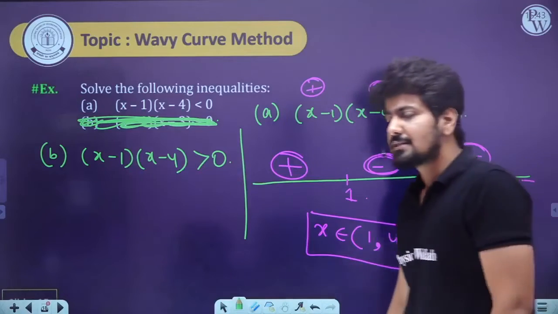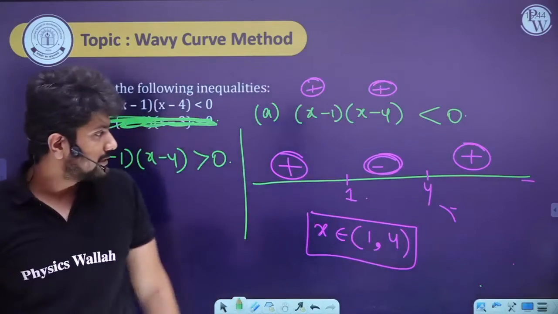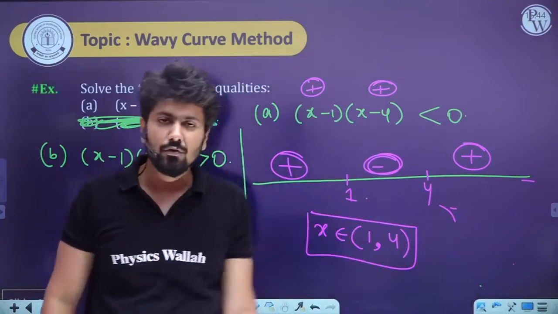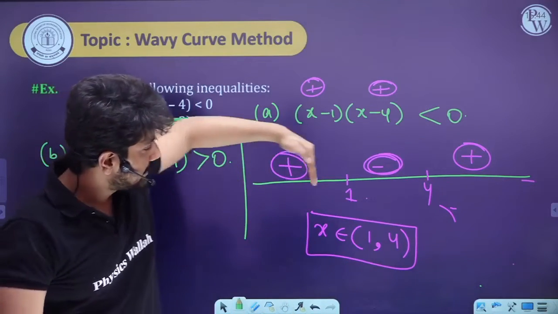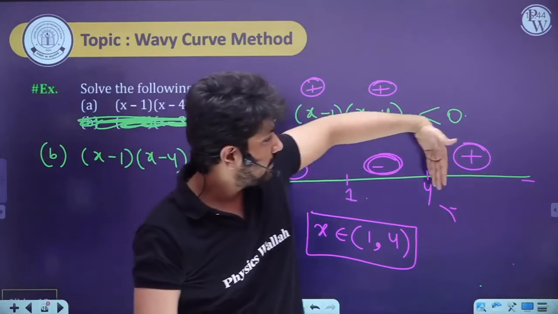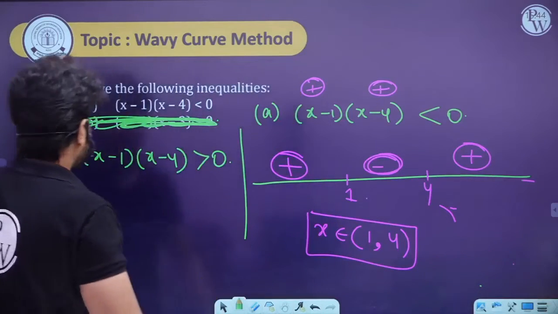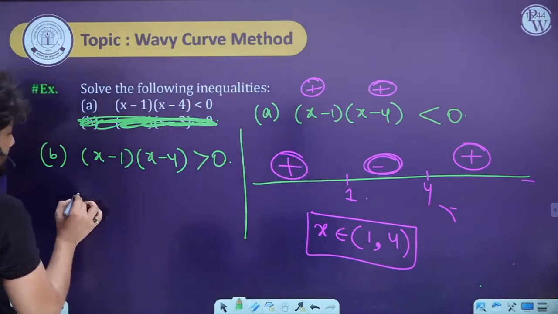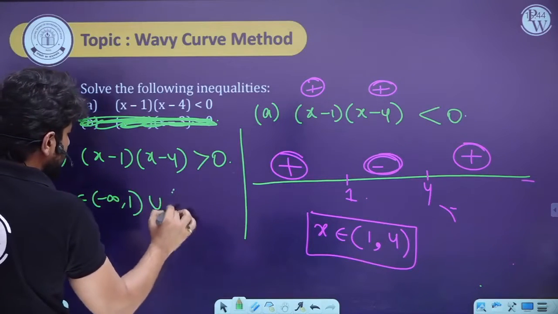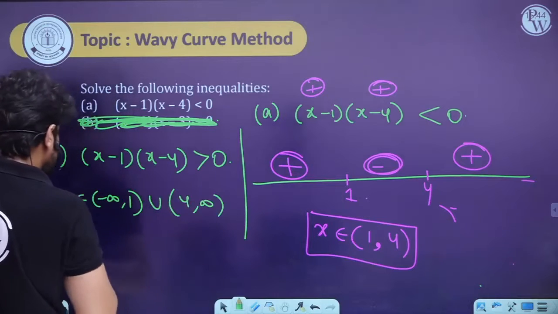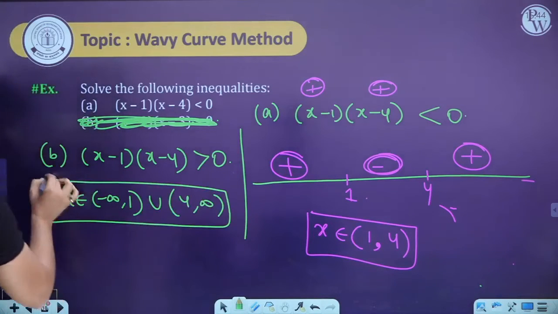So their product is positive in the right of 4 or in the left of 1. Or we can say minus infinity to 1 and 4 to infinity. Okay. So here we can say that x belongs to minus infinity to 1 union 4 to infinity. That will be our answer for this part.